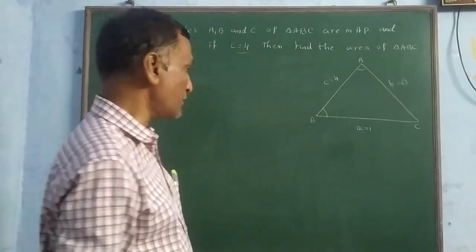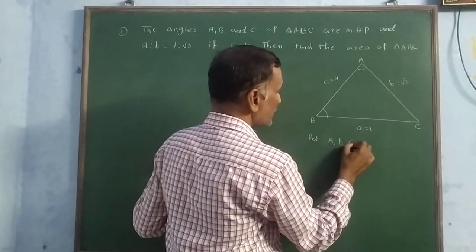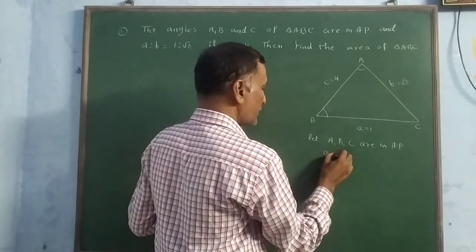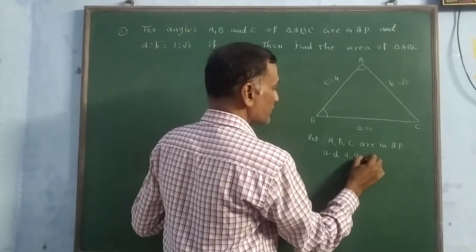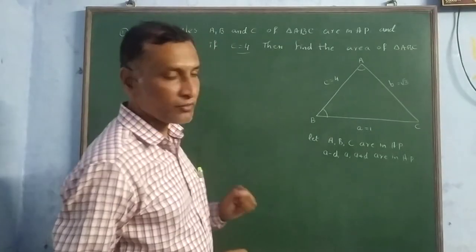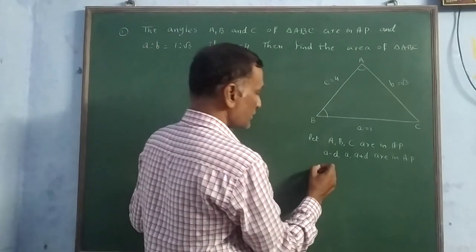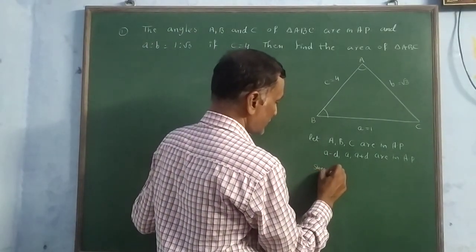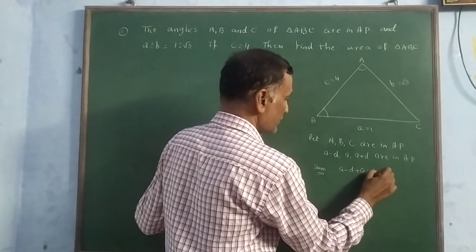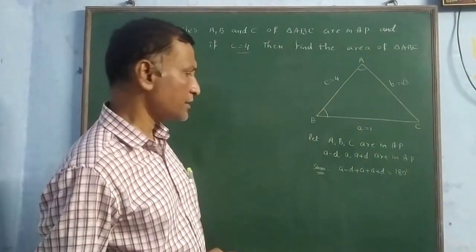AP means we can assume, let A, B, C be in AP: A minus D, A, A plus D are in arithmetic progression. The sum of these three angles, A minus D plus A plus D, equals 180 degrees by the angle sum property.